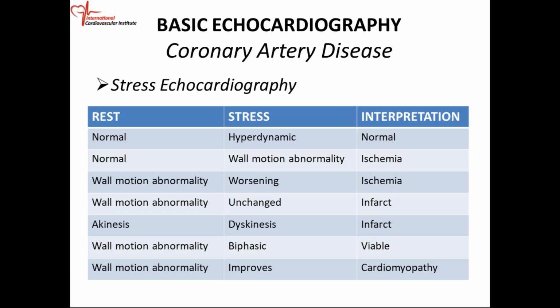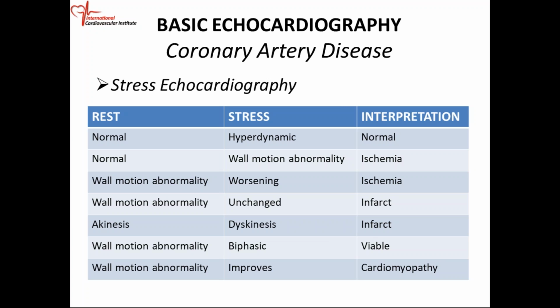So we do what we call a viability study. That is, we try to determine if there's viable muscle in the heart. That is, is there living muscle? So when we intervene, whether by putting in a stent or doing bypass surgery, and increase the blood flow, because the muscle now starts getting increased blood flow, the function comes back to normal.